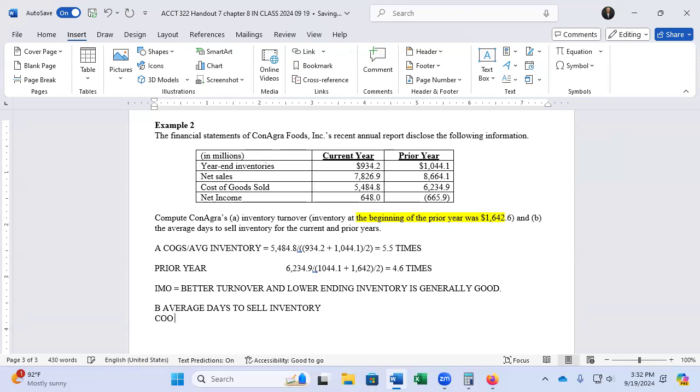And so we have the cost of goods sold. Sorry, 365 divided by the inventory turnover. 365 divided by 5.5, 66 days. And then 365 divided by 4.6 equals 79 days.